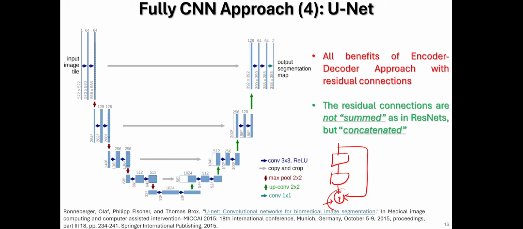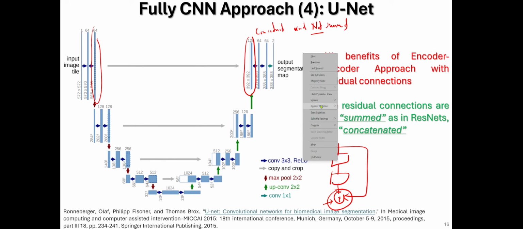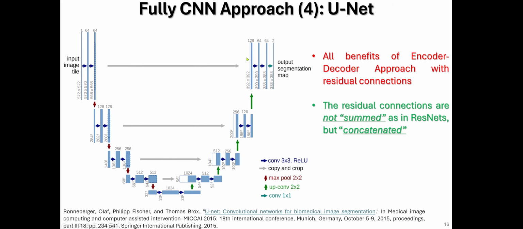So this was summing. But in this case, if you see, this layer is appended with the layer which is coming here. So concatenated here. Not summed. This is very important. Okay, so that's a very important difference. So you're concatenating the previous features and the upsampled features together.